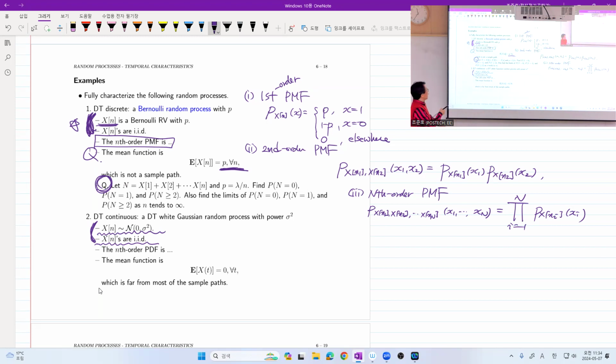So these two lines, X_n's are zero mean, variance sigma squared Gaussian, and X_n's are IID, you are done. And what about the sample path? It's a zero function. The mean path is zero for all t. Got it? Again, this is very, very different from any sample path. Got it?